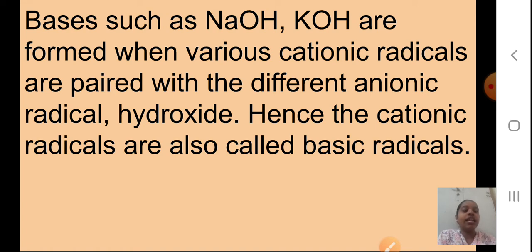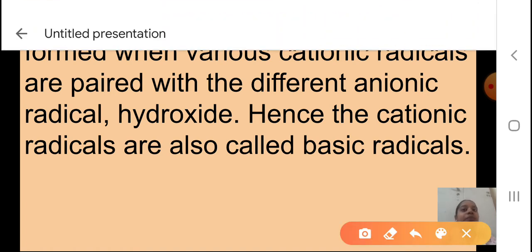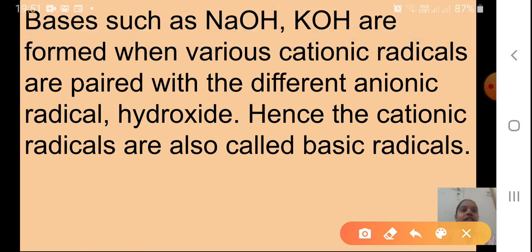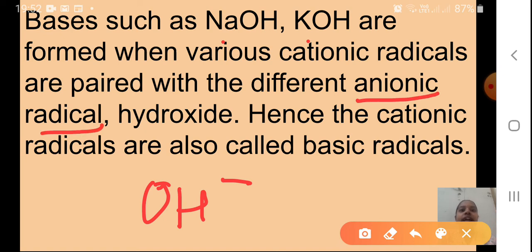Now see here, what are the cationic radicals? Na+ is there, and this potassium is also in plus. While this OH is the hydroxide, and we write it as OH-. So we call it an anionic radical.